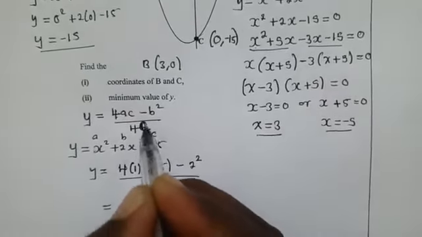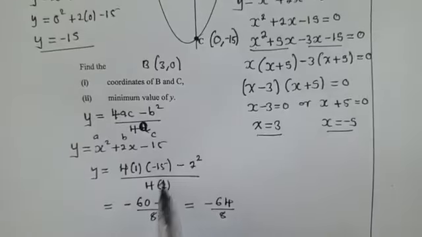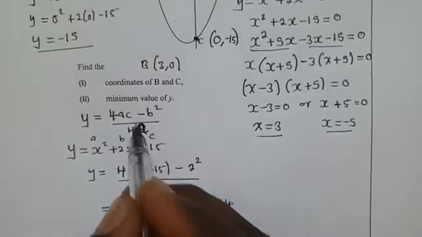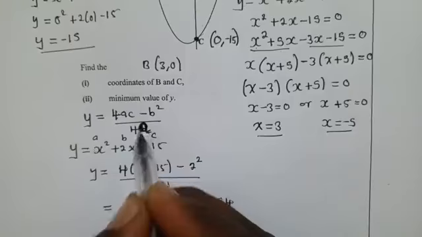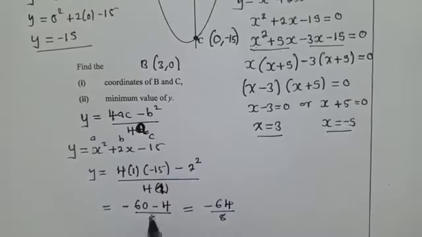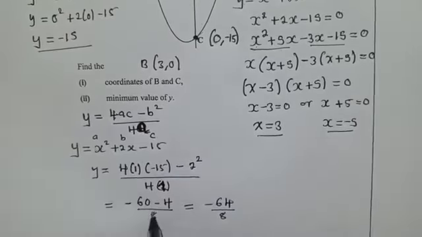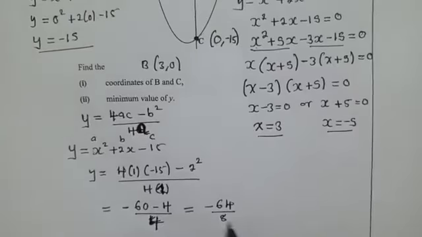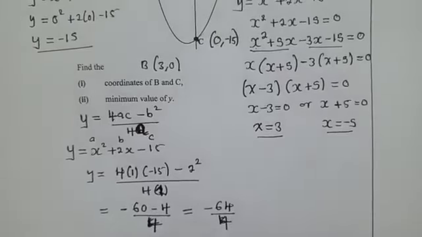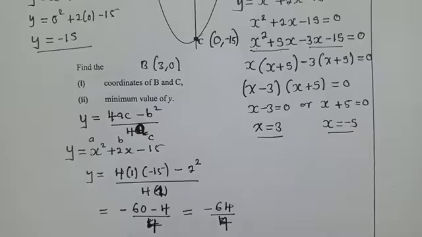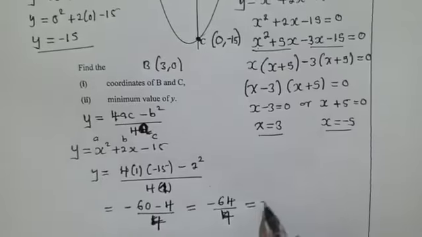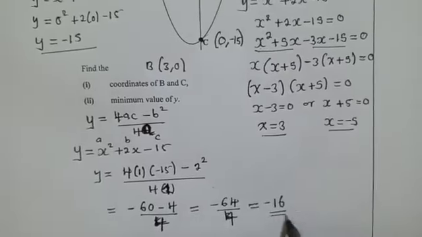So our A is a 1. Remember, here our N is a 1. Don't make this mistake. Our A is a 1. And this 4 by 1 will give us a 4. Okay? So when we divide by 4, negative 64 divided by 4 gives us a negative 16. So this is negative 16 right here.